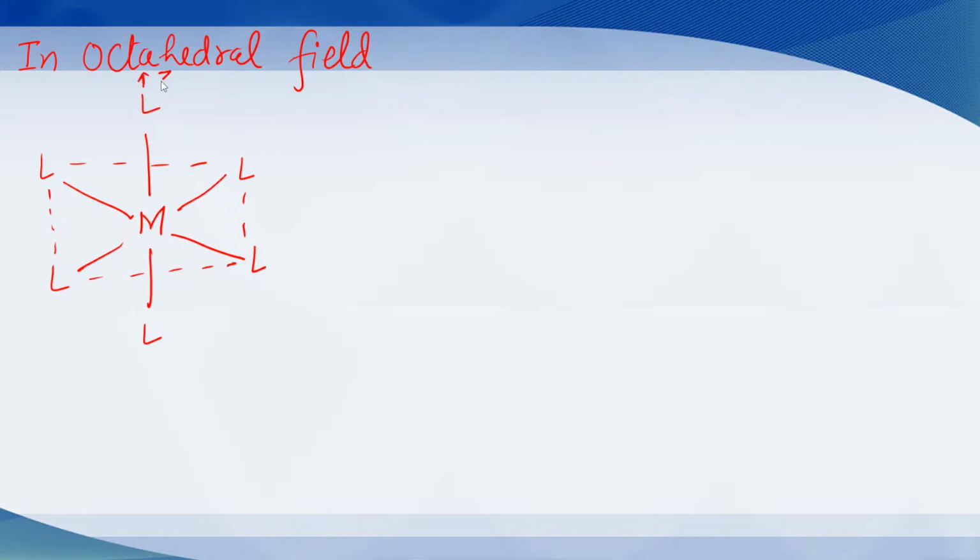See, this is taken as z axis, this is x axis and this is y axis. So in octahedral field, I am explaining it once again, ligands are on the axis. Now let's go to the next part, that is shapes of d orbitals.